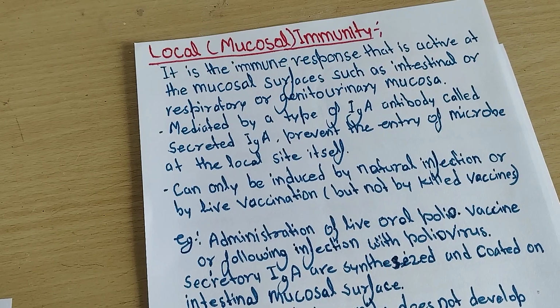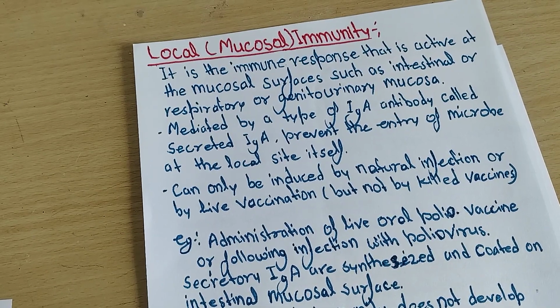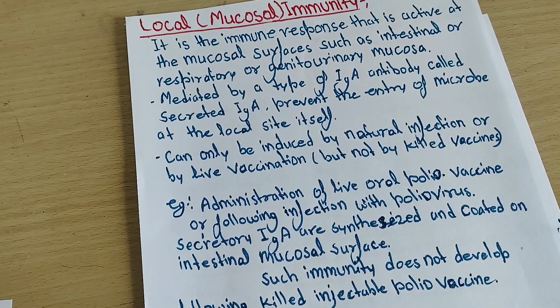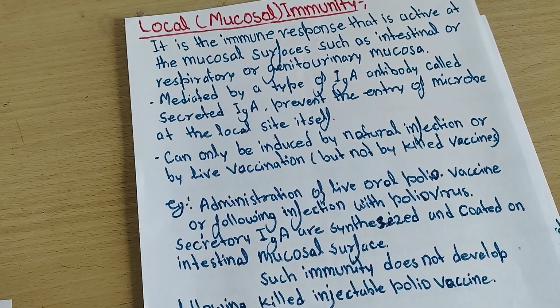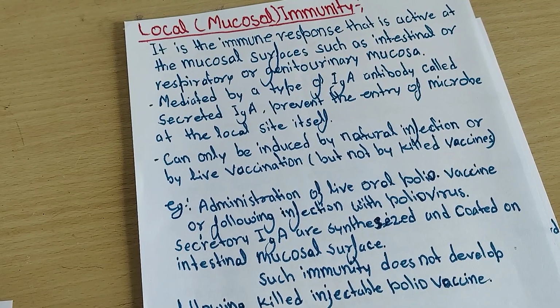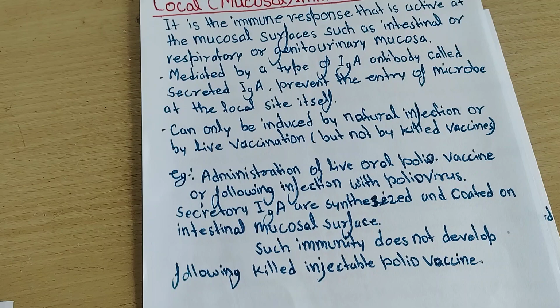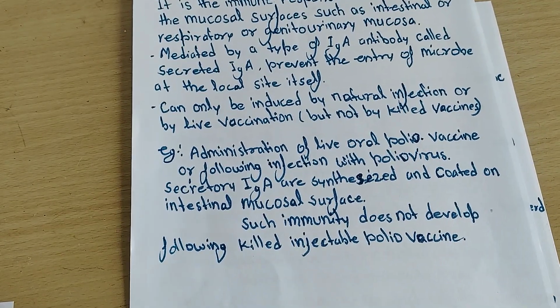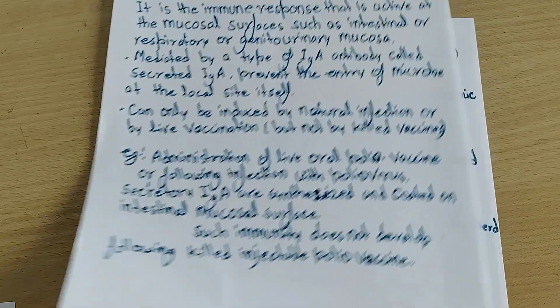It can only be induced by natural infection or by live vaccine, but not by killed vaccine. Example: following administration of live oral vaccine or following infection with polio virus, secretory IgA is synthesized and coated on the intestinal mucosal surface. Such immunity does not develop following killed injectable polio vaccine.